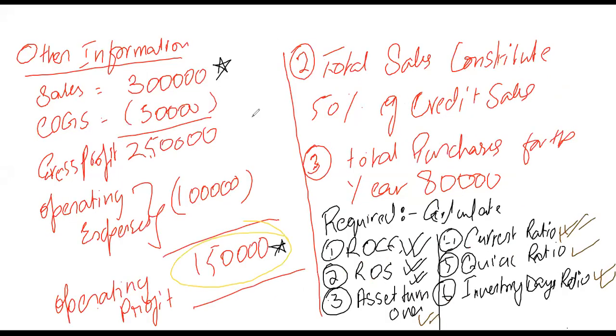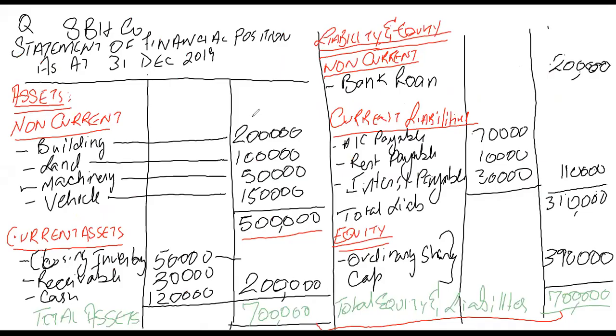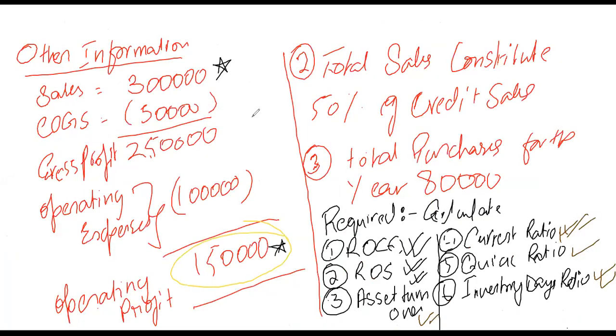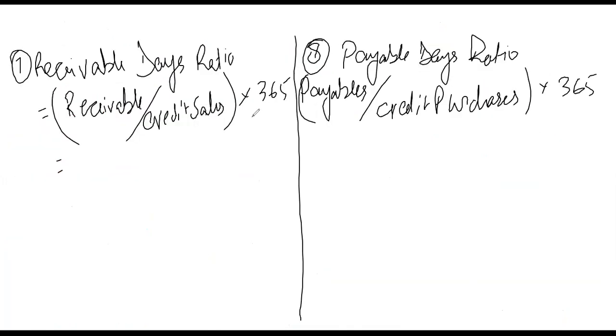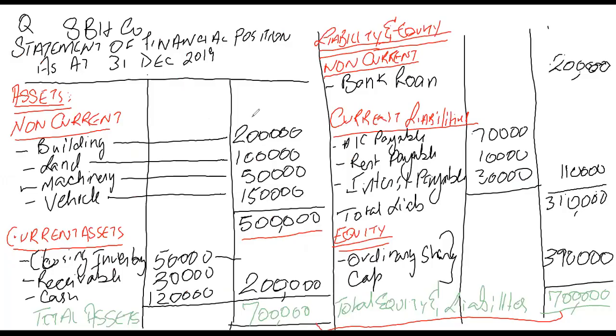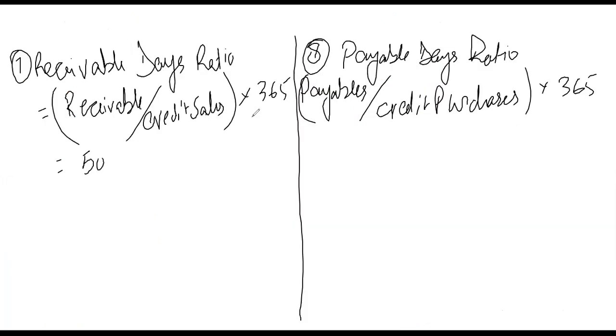So the receivable amount given in this scenario is, sorry, I forgot the amount of receivables. I guess it's 50,000. Yes, 50,000 divided by credit sales.